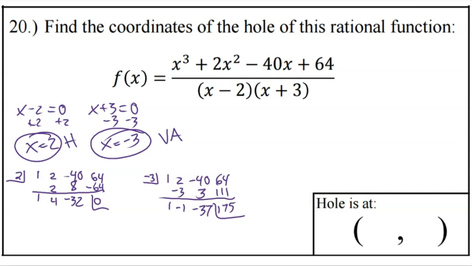So now what we're going to do is, since this created a hole, we're going to take these 3 numbers down here. We're dividing x minus 2 out through synthetic division, and it leaves us with x squared plus 4x minus 32 in the numerator. So we're canceling out an x minus 2, or another way to look at it is that the numerator can be factored into x minus 2 times x squared plus 4x minus 32.